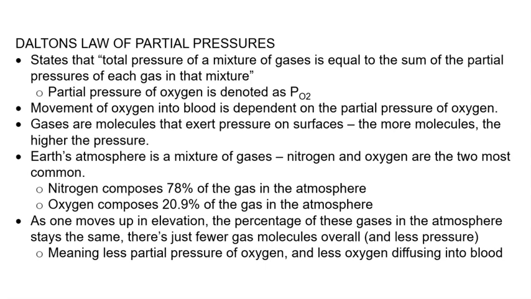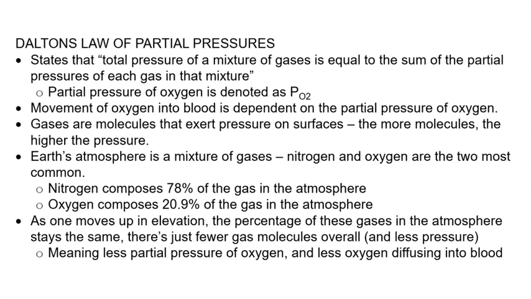As a whole, both nitrogen and oxygen are gases that exert pressure on surfaces, because those molecules have mass and weight and are moving. So the more molecules we have, that is, the higher the PO2 and the higher the PN2, which is the partial pressure of nitrogen gas, the higher the pressure exerted on those surfaces.